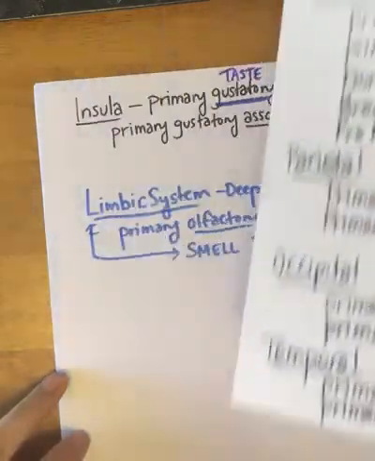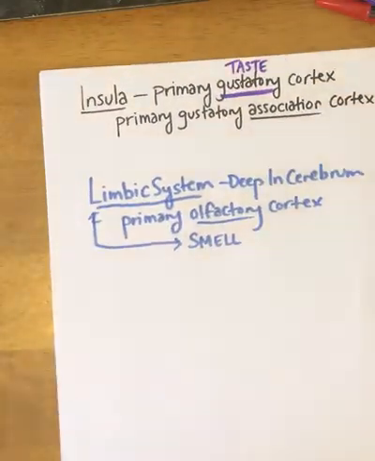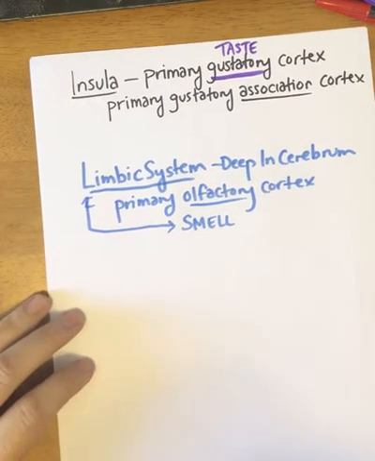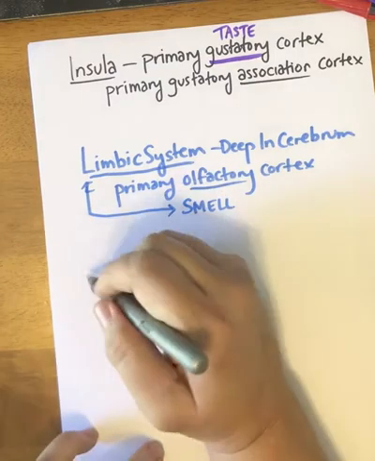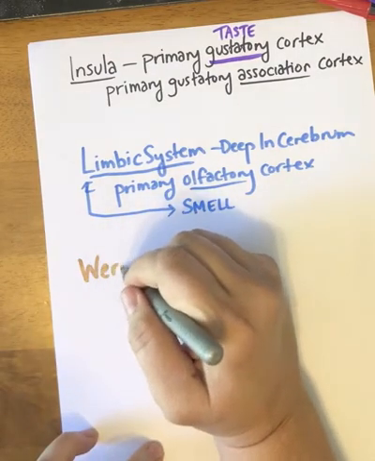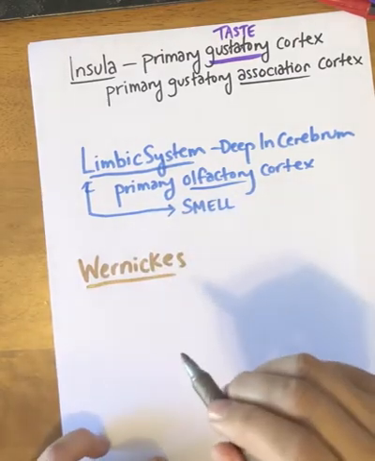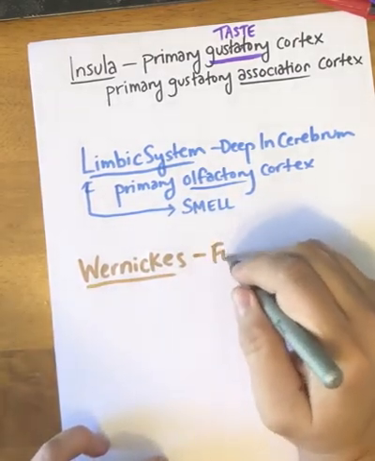Now, we do have a couple other areas that overlap, or one primary one that overlaps 3 different lobes, and that one is called Wernicke's. Wernicke's is part of your cerebral cortex. It's found in 3 lobes.